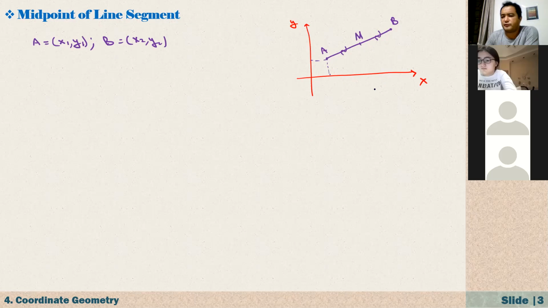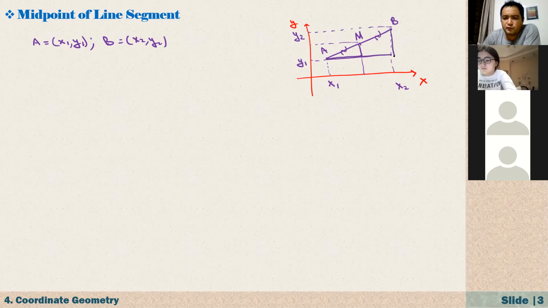Without drawing this, of course, if you draw this, you can find it, but algebraically, how do we evaluate this? We will just use similarity. Here we have x1, y1, and this one is x2, and this one is y2. We are interested in the coordinates of M. So if I draw a horizontal line from this point until here, and also join this one, we have this triangle and the bigger triangle here.